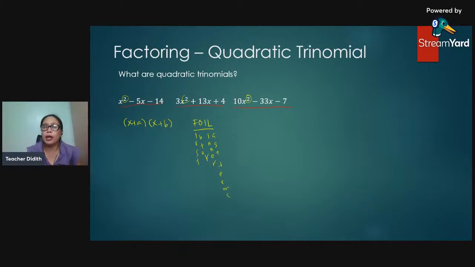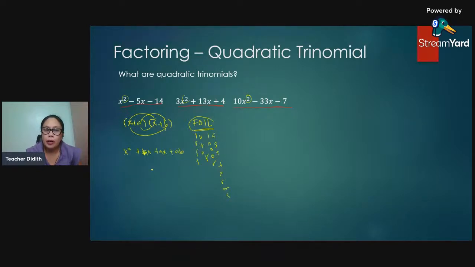And I told you that factoring is the reverse of multiplication, particularly reverse of special products. So working on FOIL, we multiply the first terms, so we have x squared here, and then we multiply the outer terms, so we have bx, and then the product of the inner terms, so we have ax here, and then the product of the last terms, so we have ab.